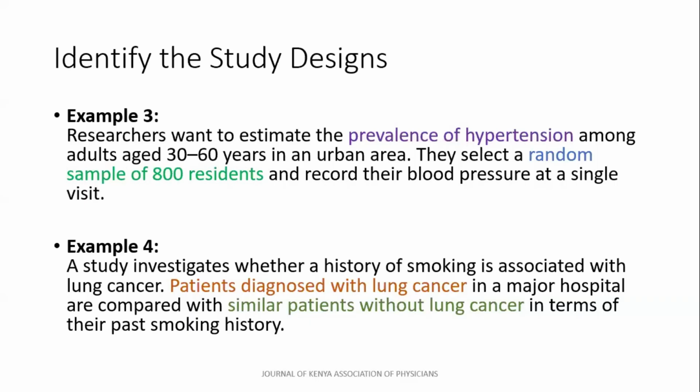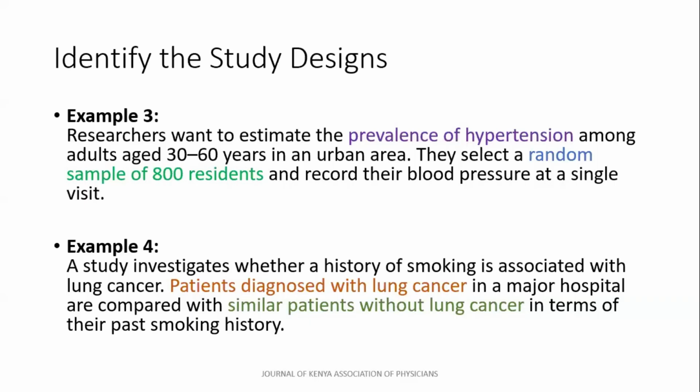So whatever exposures that they've had in the past. So this is a case control study. So we'll be looking at this in more detail. So in case it's been a bit confusing for you, don't worry. By the end of the session, you should be able to differentiate the study designs well.